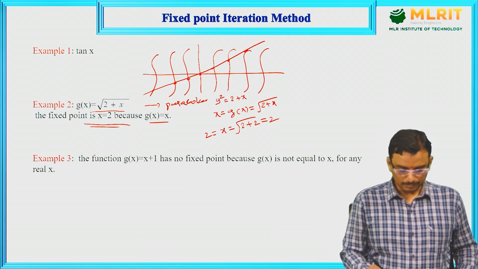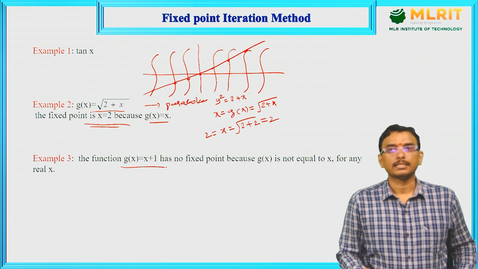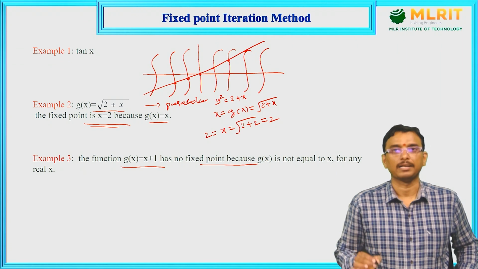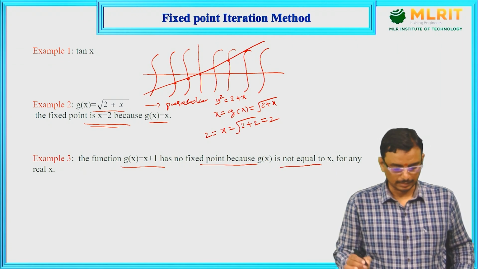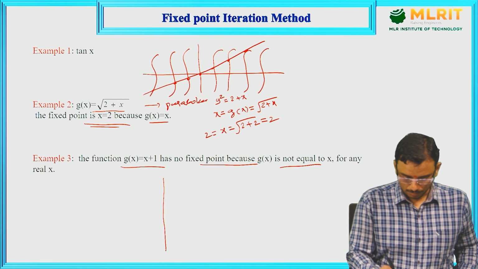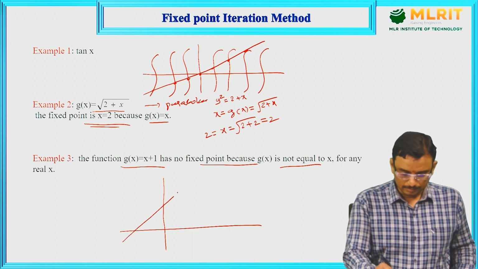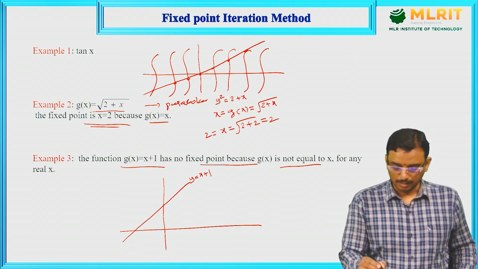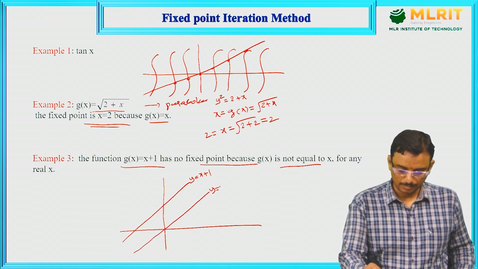Now the third example, the function g(x) = x + 1 has no fixed points because g(x) is not equal to x. Let us check. This is the graph, the line y = x + 1, and this is the line y = x.